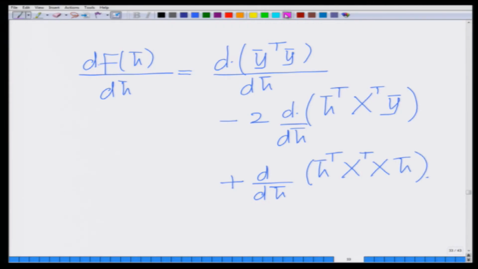And now if you look at this, this quantity y bar does not depend on your H bar, is y bar transpose y bar. So, this quantity is basically 0. Now, this quantity is H bar transpose C bar.